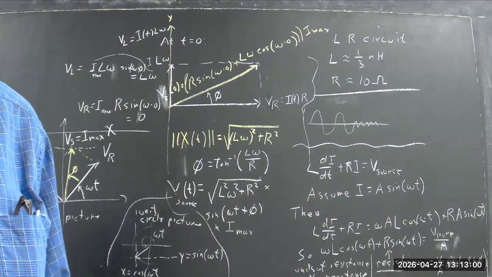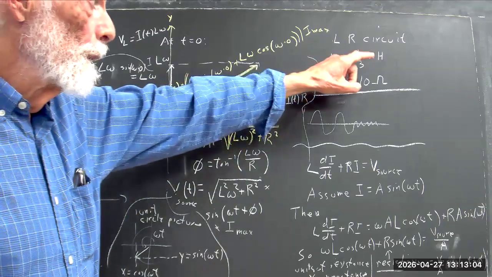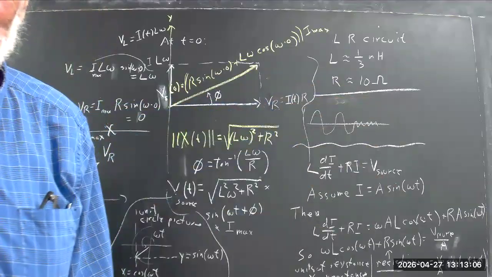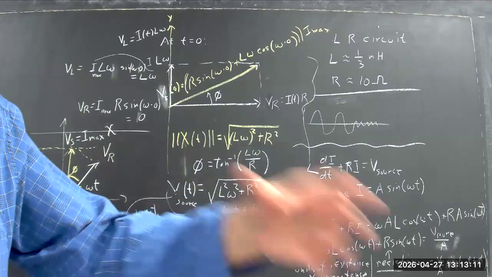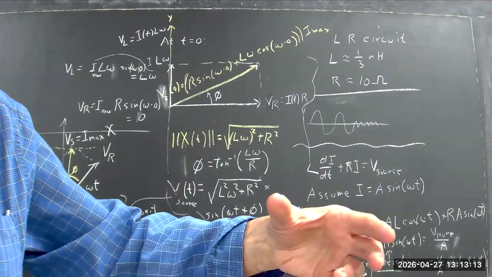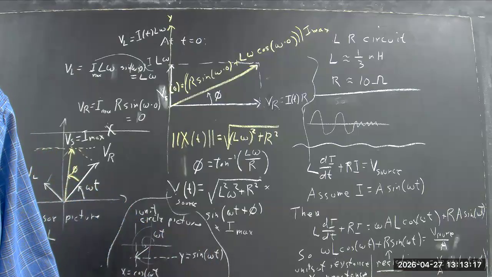What do you get if you divide 1/3 of a millihenry by 10? You get 1/3 of 10 to the negative third, 10 to the negative second, 10 to the negative fourth, okay?